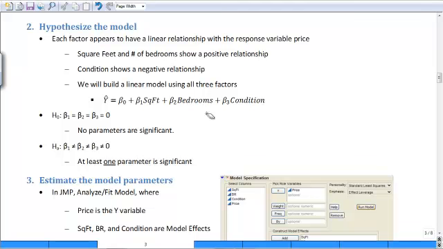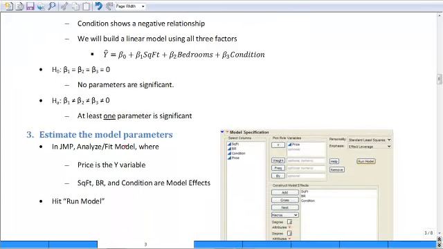The alternate hypothesis, if this model is the correct model, is that at least one of the parameters will be significant. And this is the hypothesis we're going to test in step 4.